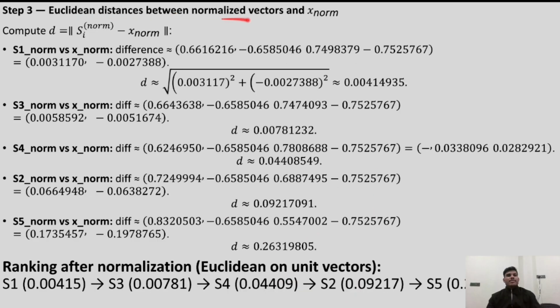Step 3, Euclidean distance between the normalized vectors and the normalized x. For this we use the formula D equals norm of Si minus norm of query.